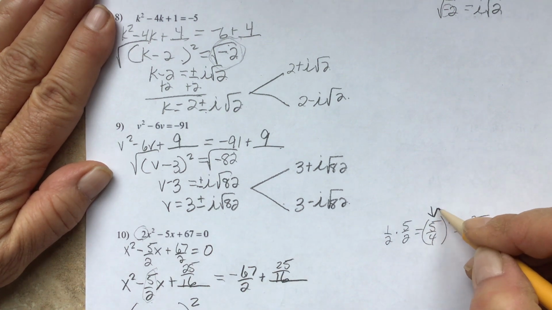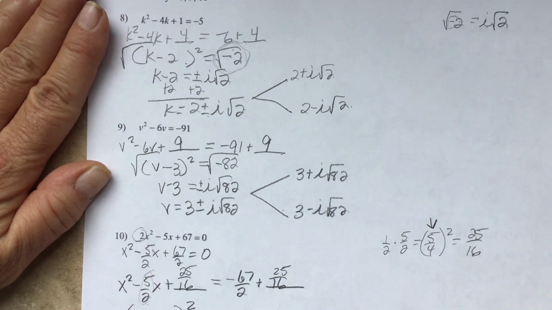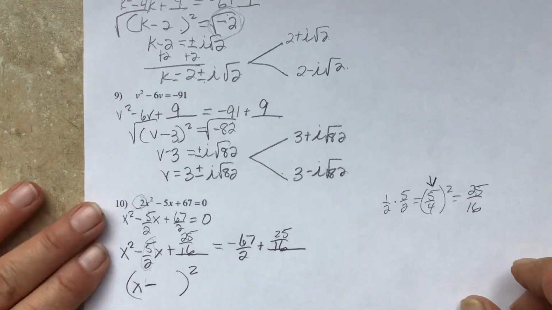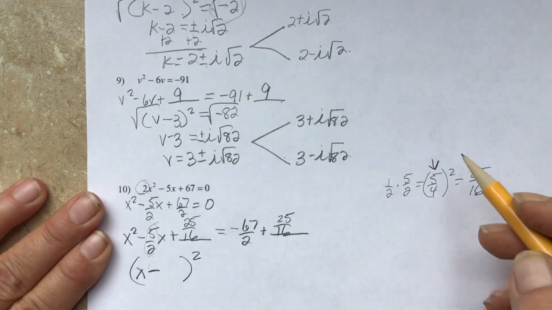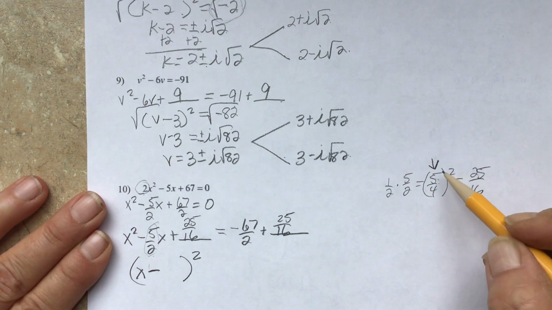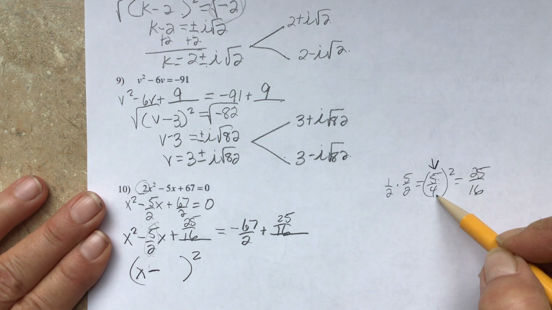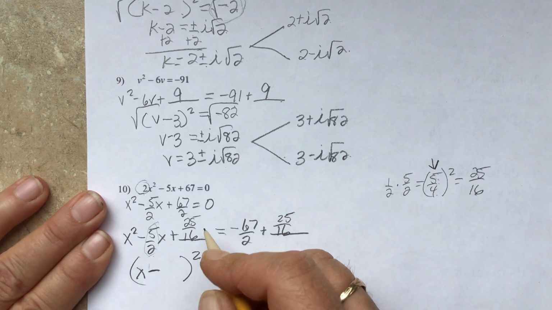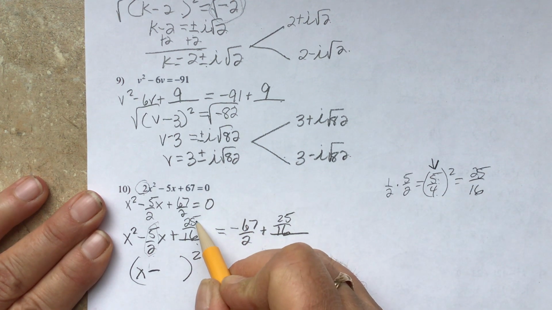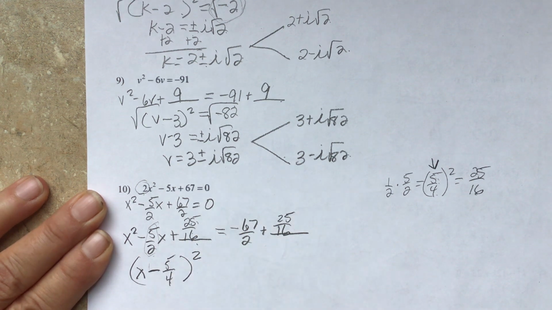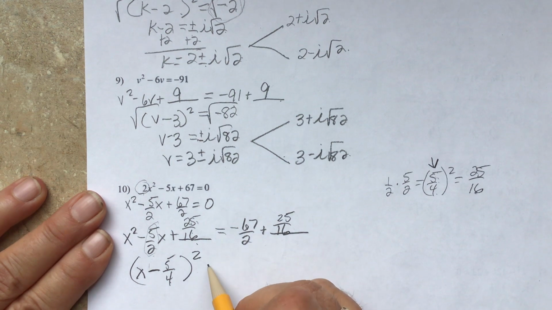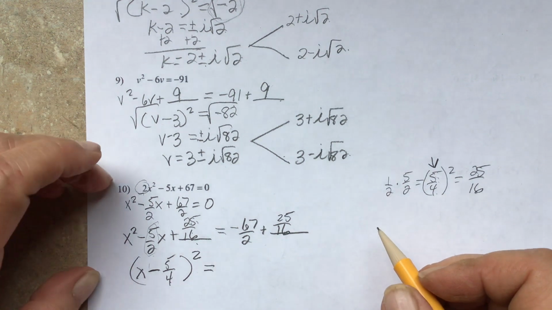Right here, we already did half of b, or the square root of c. Square root of 25 is 5. Square root of 16 is 4. You see how nice that is with the fractions? I know you're not thrilled with them, but it is what it is.